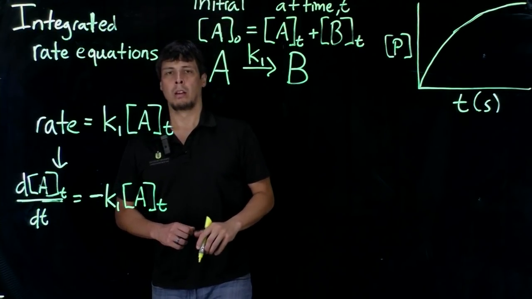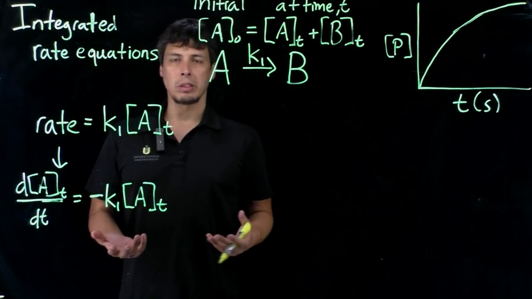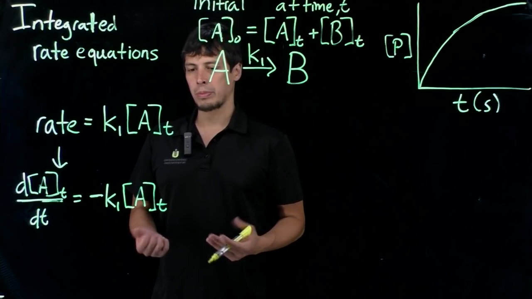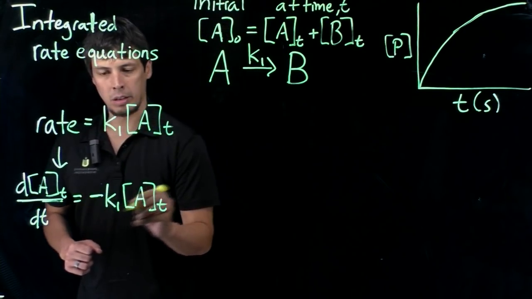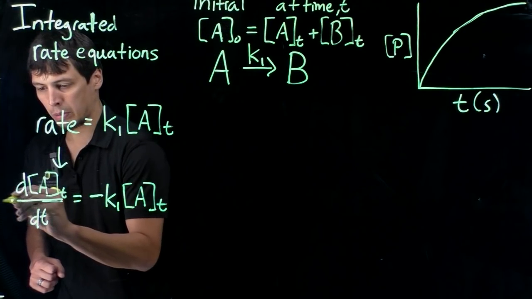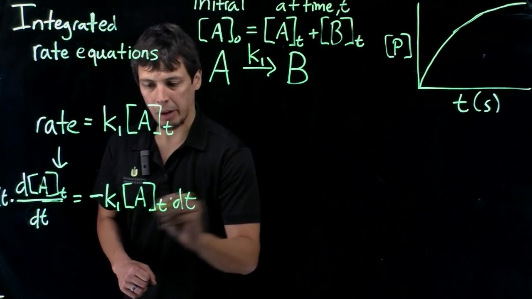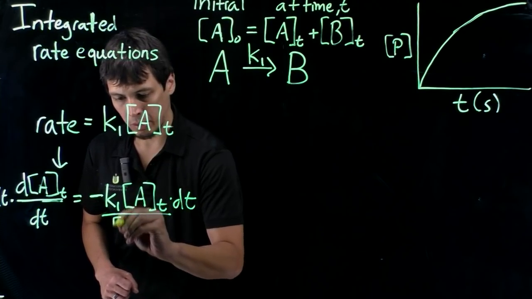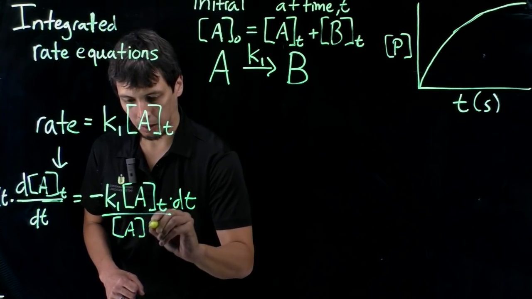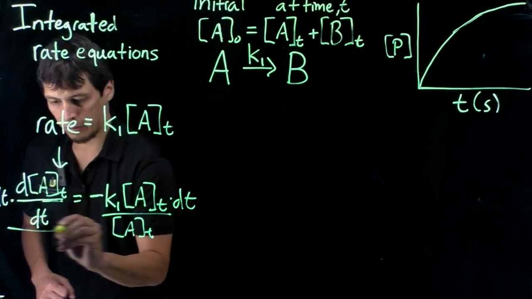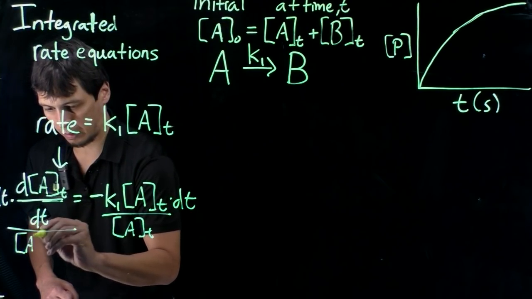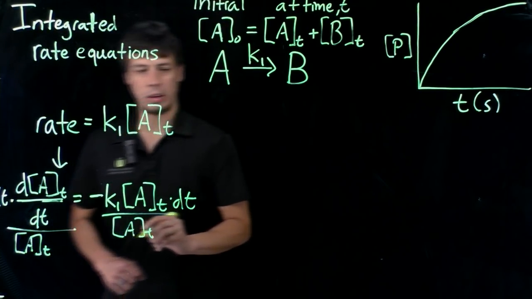First thing we need to do is rearrange this because we're going to integrate this equation. So we multiply by dt on both sides, and we also divide by A at t.